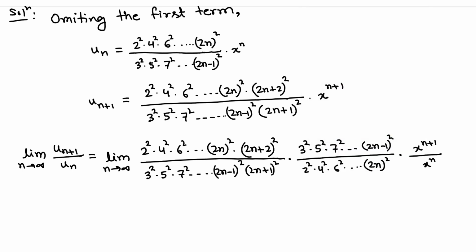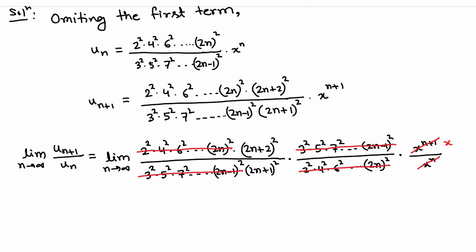Now you can see that all the numbers up to 2n square are cancelled, and up to 2n minus 1 square are cancelled. And x to the power n plus 1 by x to the power n is cancelled, and you get x.